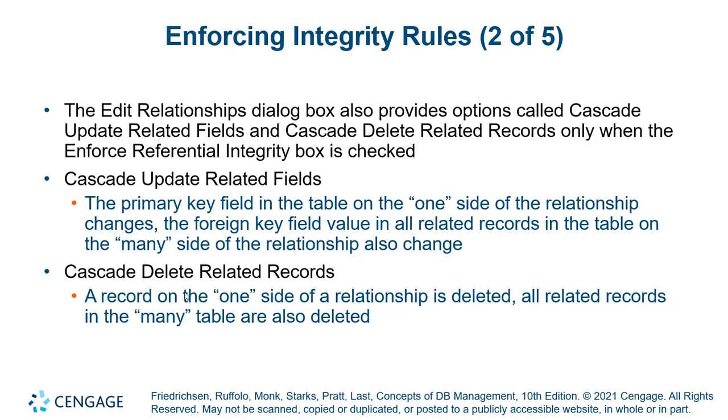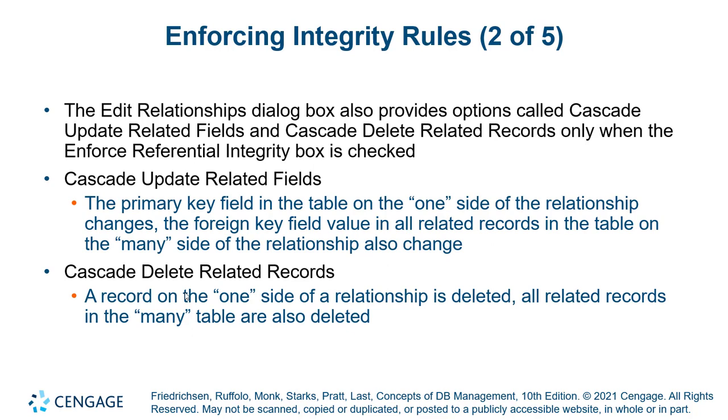And so that's why we refer to it as cascading, because it cascades to the other table. Same with deleting records. When you delete a record in the primary key table, the one side of the relationship, the related records on the many side of the relationship with the foreign key also get deleted.